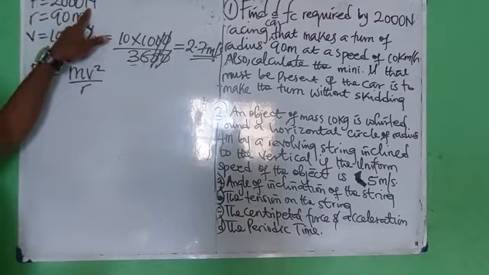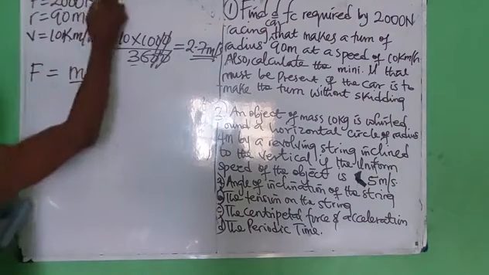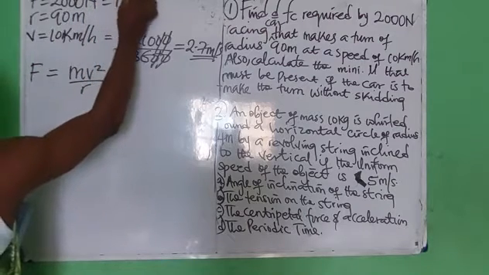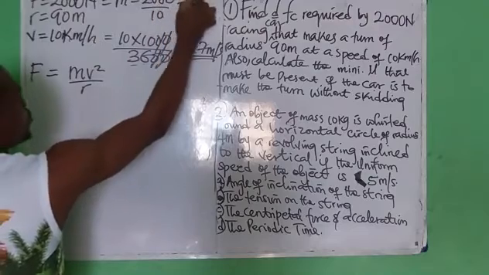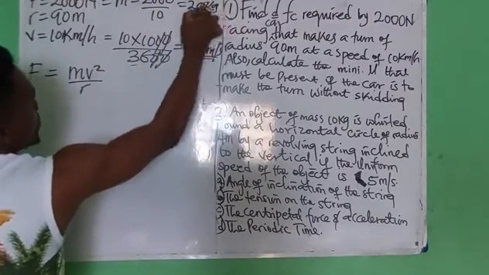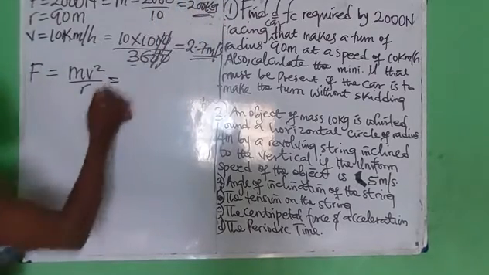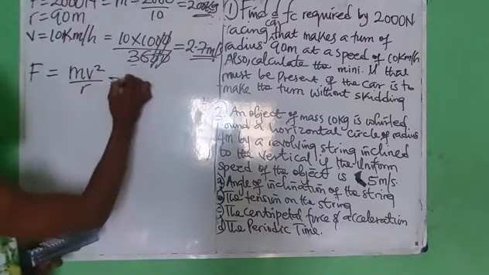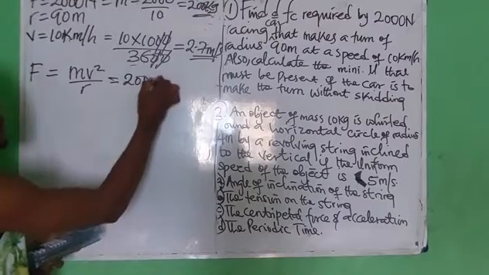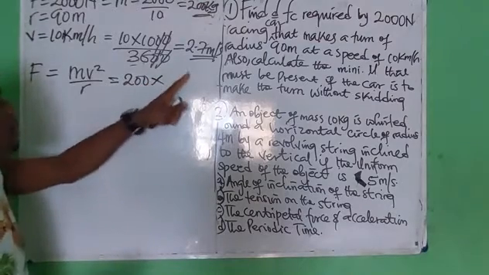I will have to convert from Newton to kilogram. In doing that, I'll divide by 10. So mass is 2000 divided by 10, and that will give me 200 kilograms. So this is the mass. Therefore, mass is 200. Velocity given is velocity.